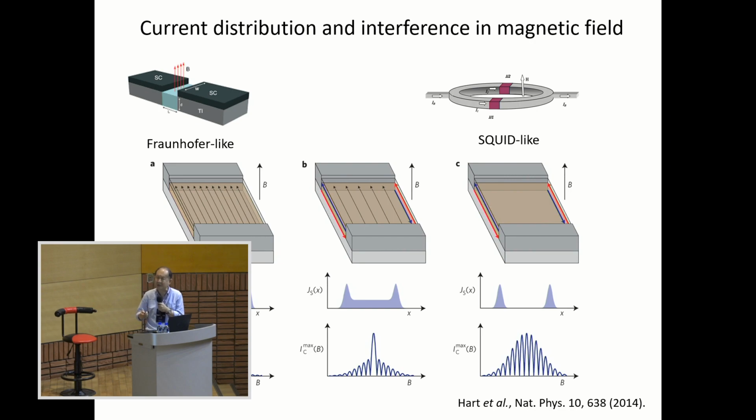Of course we are interested in how the current distribution is, because we are using 2D topological insulators. That means the current should flow only at the edge, ideally. But the magnetic field interference is so complicated that I do not have time to talk about it.